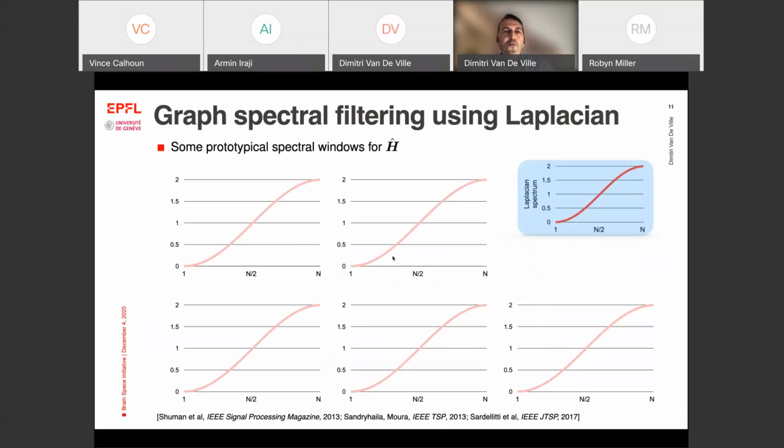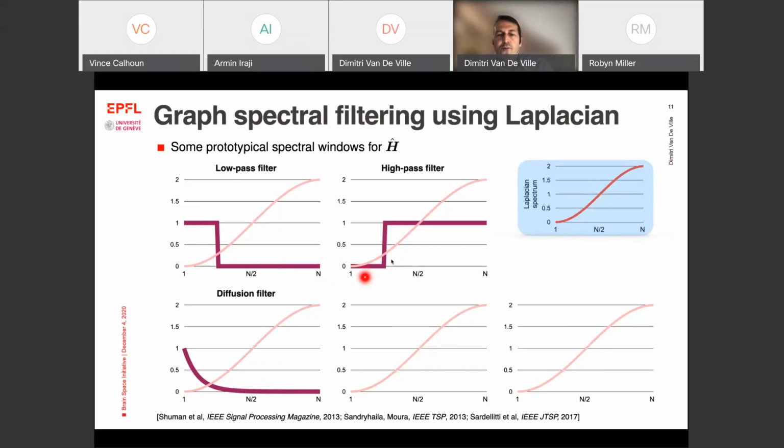So a few prototypical spectral windows that are often used in GSP. Let's say we have a graph and this is our Laplacian spectrum as you would get it. Now you can come up with an ideal low-pass filter, for instance, or an ideal high-pass filter. Or you could take inspiration from diffusion processes and use a diffusion filter.